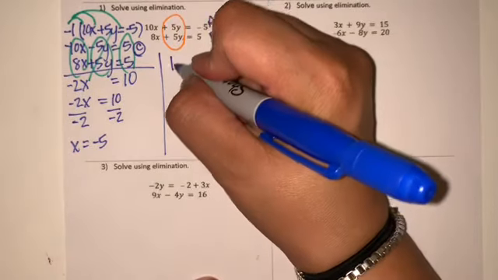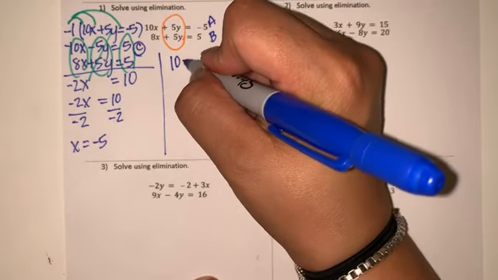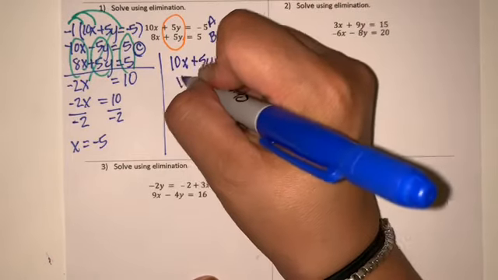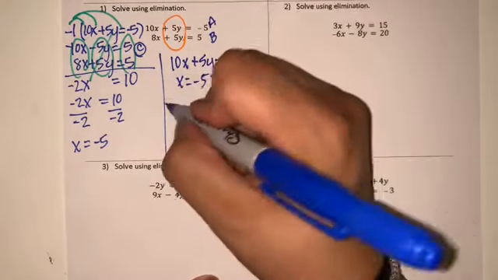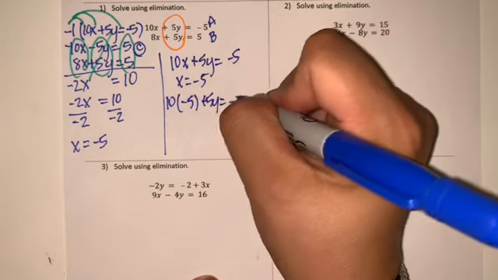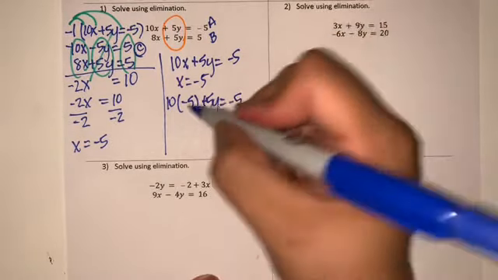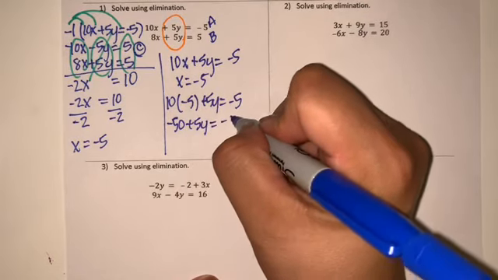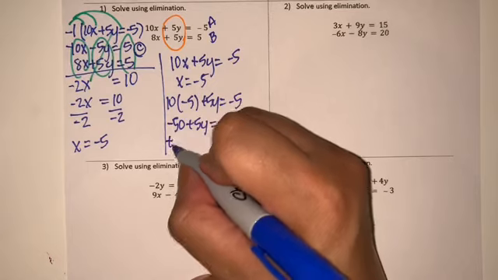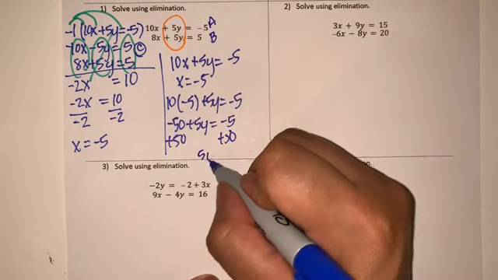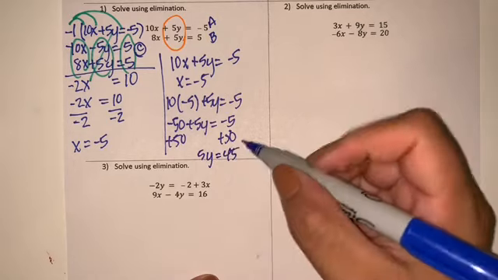So I'm going to say 10x plus 5y equals negative 5. And I know that x equals negative 5. So 10 times negative 5 plus 5y equals negative 5. Negative 50 plus 5y equals negative 5. I'm going to add 50 to both sides. 5y equals 45.